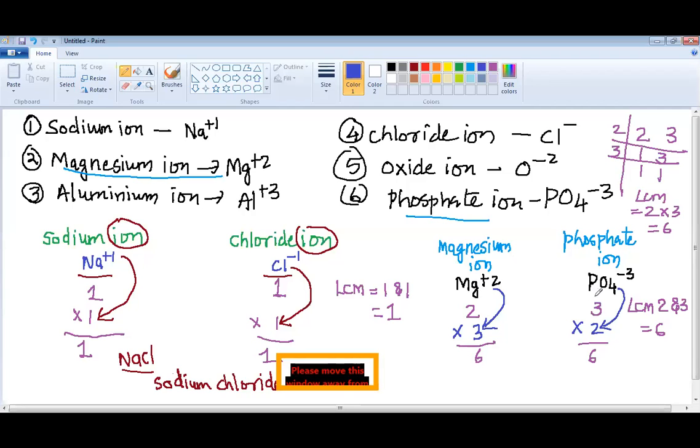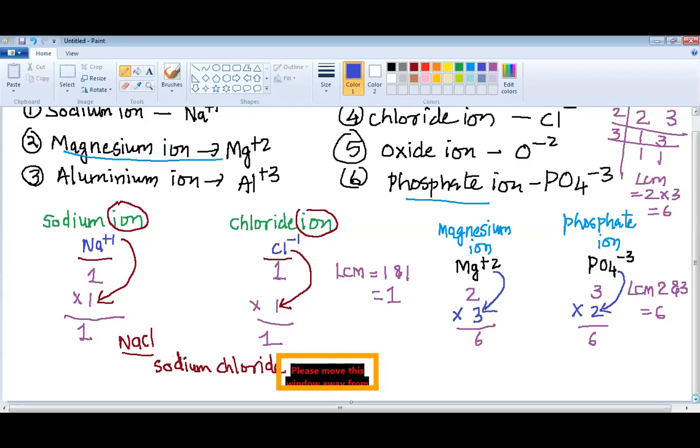Now here, my dear students, we need to apply one more very important rule. What is that important rule? I'll tell you that the polyatomic ions, if more than one, are written in the bracket.